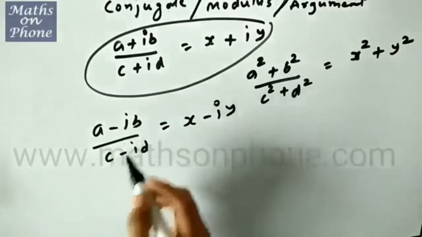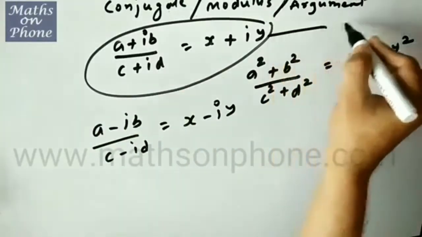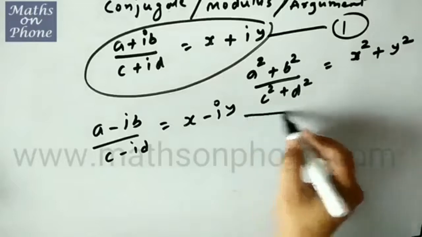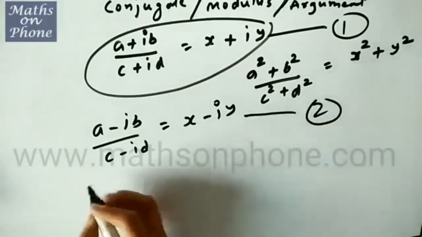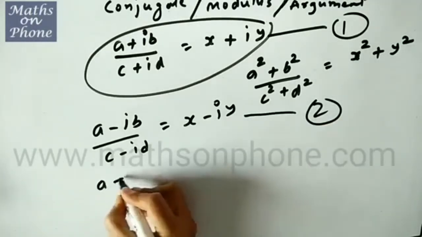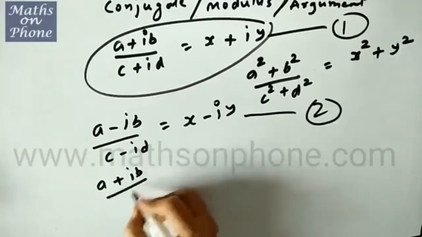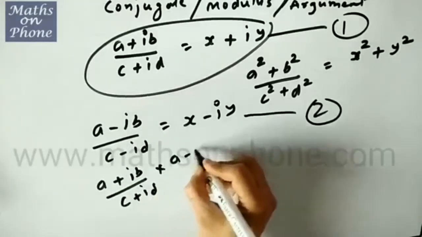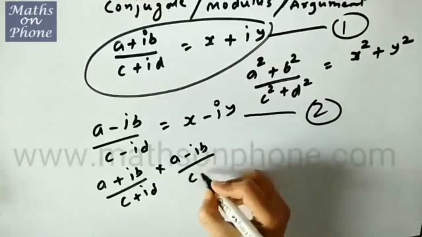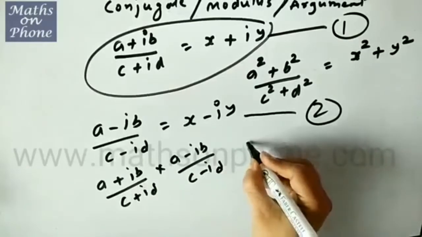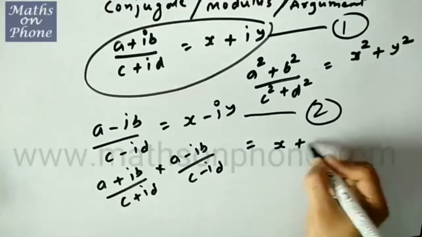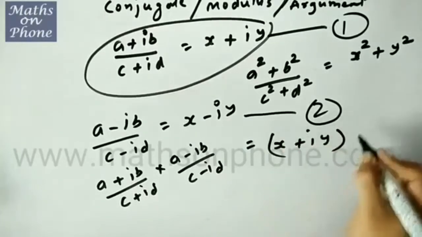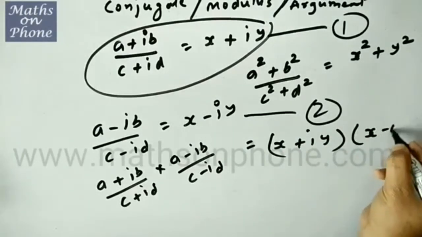So we did it here. Now if you just multiply this original equation with the new conjugate equation, it is coming out to be (A plus iB) by (C plus iD) into (A minus iB) by (C minus iD), and that is equal to (X plus iY) into (X minus iY).